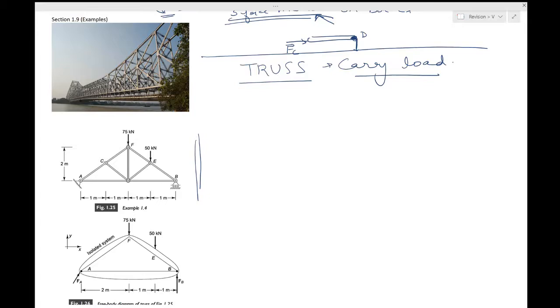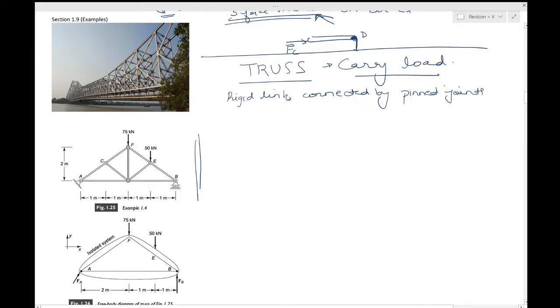Okay, so there are rigid links connected by pinned joints.